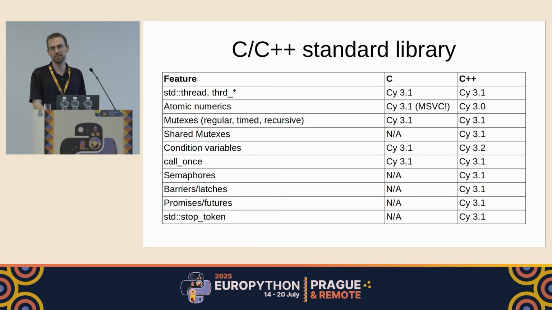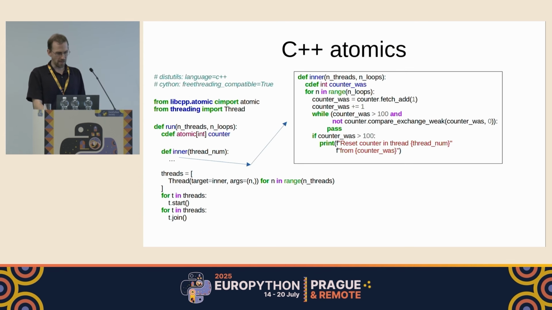If you want to write fast code, then this is potentially the way to go instead of using the threading module. The most useful of these is C++ atomics. In this case, I don't really intend to discuss the example at length, but the more interesting stuff is on the right-hand side.